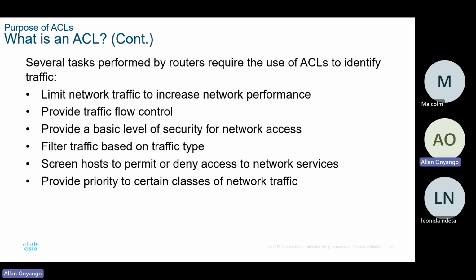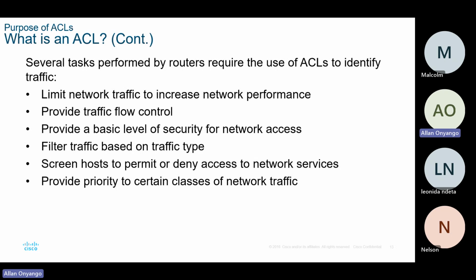ACLs can also be used to provide traffic flow control. You could control the flow of some traffic from one part of the network to another part of the network. Obviously, ACLs provide some basic level of security for network access. You can prevent an IP address or the whole network from accessing a certain resource or a certain part of the network.